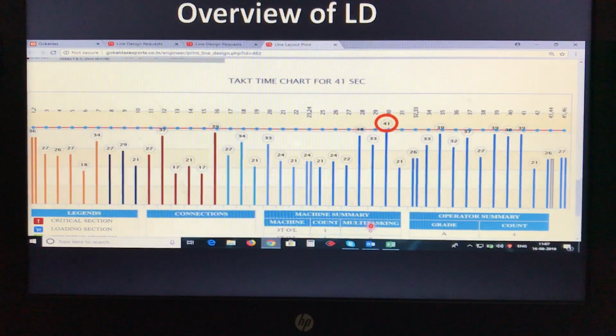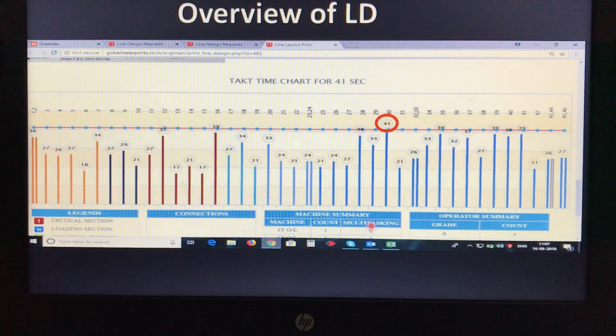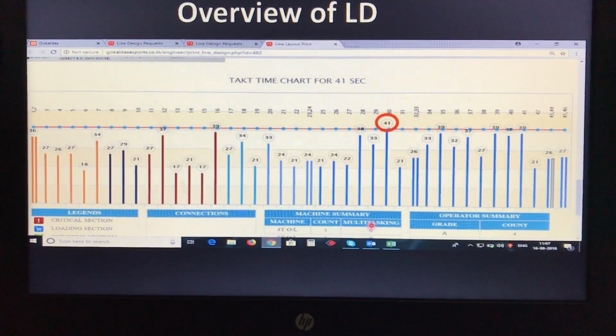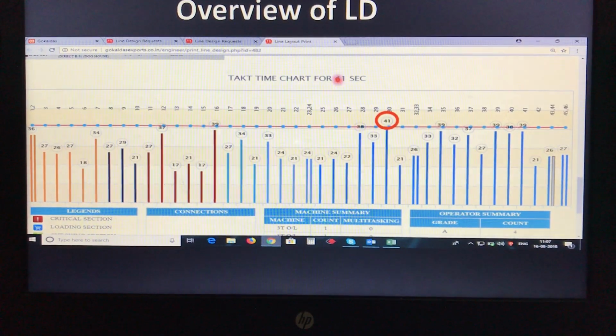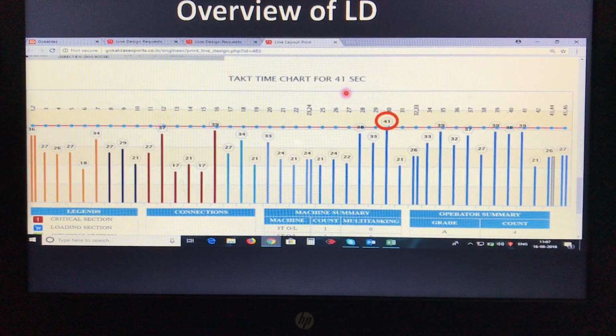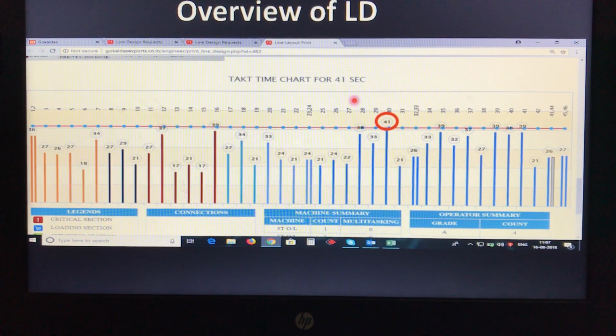You're right now seeing a line design with a takt time of 41 seconds. As you all know, takt time is something which you can decide as per the customer demand.